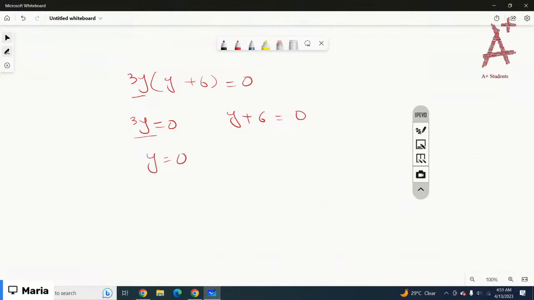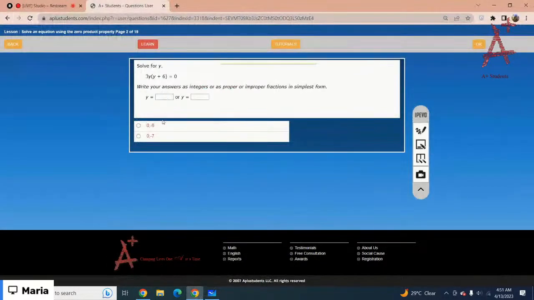And here y equals negative 6. So you have two answers, y equals 0 and y equals negative 6. Got it? Option number 1 is the correct option.